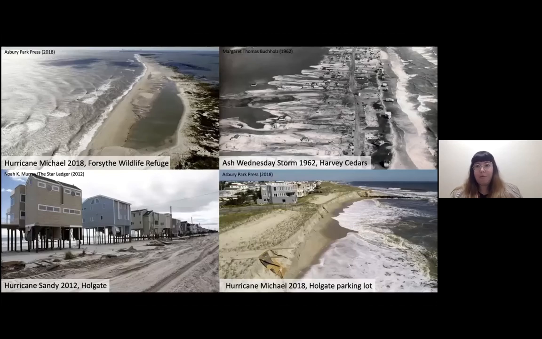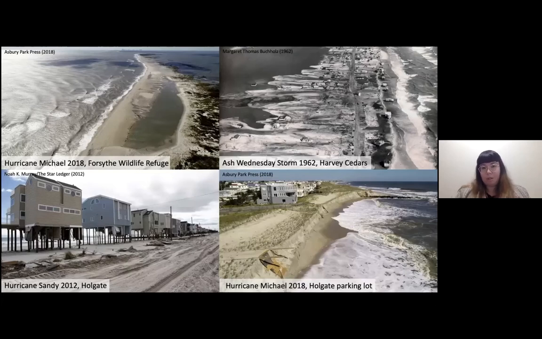And so a final reason to specifically look at Holgate is just how much it has been affected by storms over time and continues to be greatly affected. These are just a few examples of storms that have really eroded the beaches and have also fully broken through and breached the island. And so one of those famous ones is the Ash Wednesday storm of 1962.